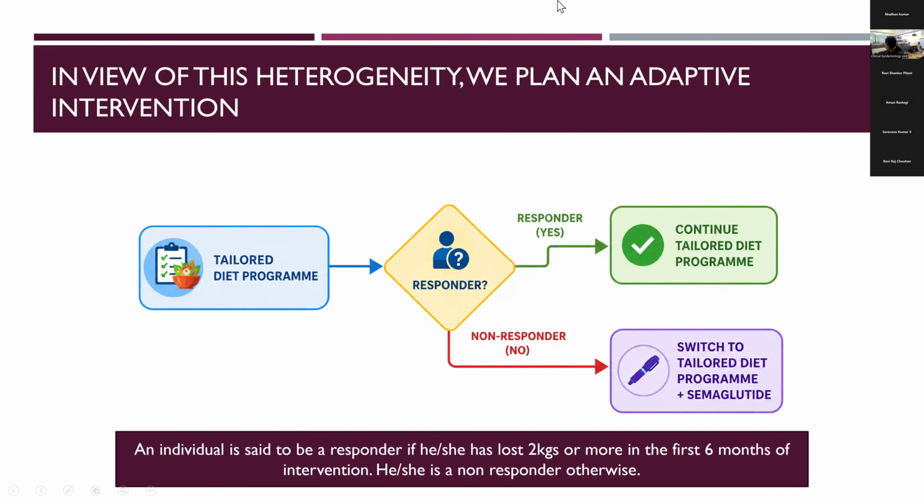How do you say that they are a responder? You see whether they have lost 2 kgs or more in the first 6 months of intervention. You are looking to make them lose 5 kilos in 18 months. So at 6 months you classify them and do one randomization at 6 months to say whether they are showing signs of early response or whether they are non-responders.